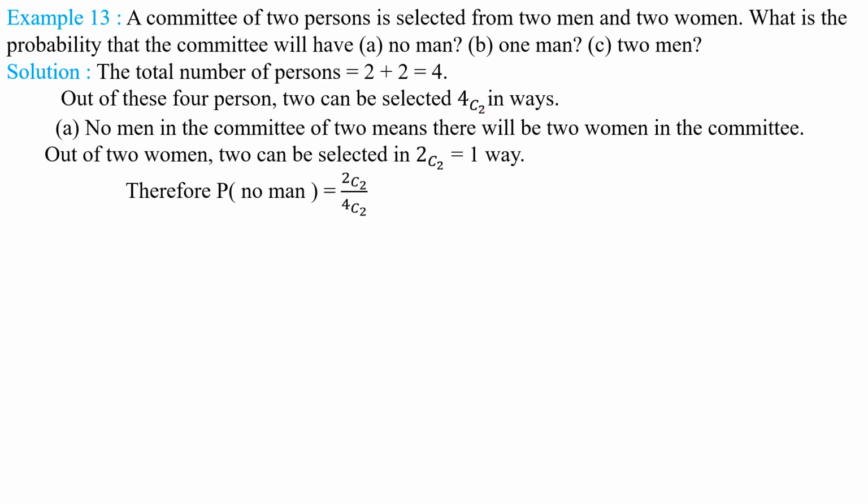That is equal to 1 into 2 into 2 by 4 into 3. Do you remember combinations, my children? NCR. How do you write NCR? N factorial by R factorial into n minus R factorial. Use that knowledge here.